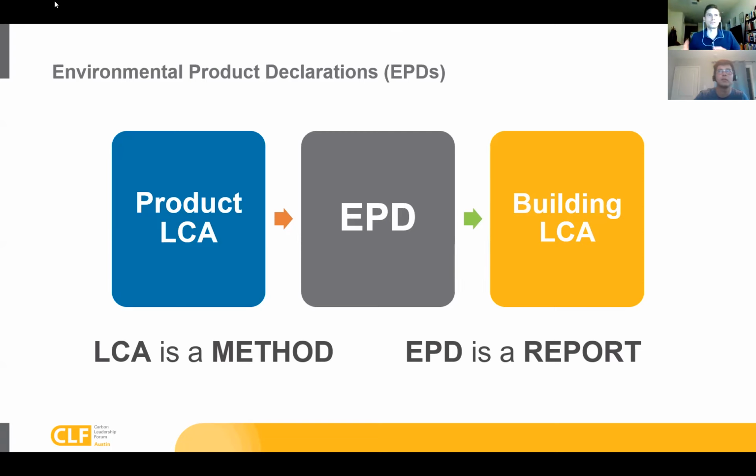So a lot of times if we're going to look at building LCAs, we get a lot of this information on the impacts of products because a product LCA was done and then the EPD, or the report, was actually published about that LCA for the impact categories. And then that kind of fuels into this idea of a full building LCA.